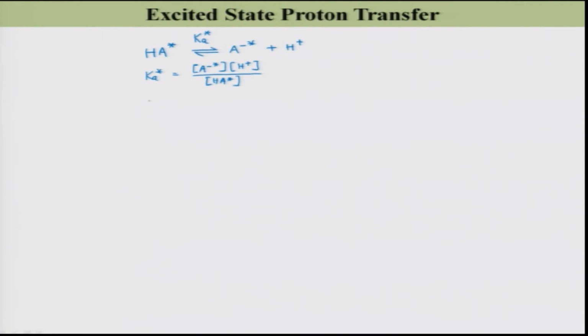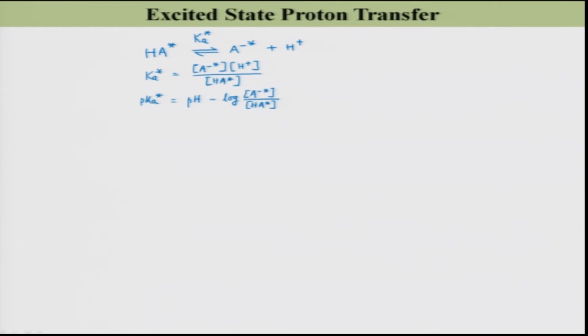So, if I take the negative logarithm of each side, I will get pK A star equal to pH, here obviously no excited state, it is just the hydrogen concentration, minus log of A minus star divided by HA star.